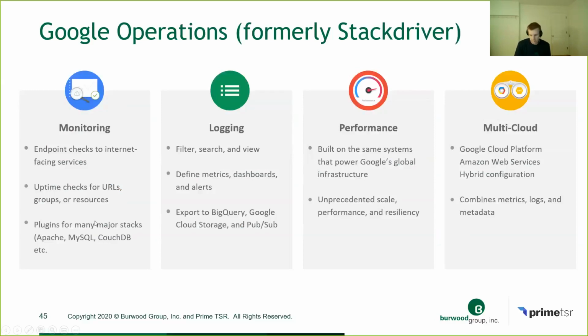I'll talk about plugging it into ServiceNow in a minute. Logging, getting all your right logs set up. You can actually define metrics and alerts around logs as well. It's another great practice. It does performance management, and it's multi-cloud as well. So if you happen to like Stackdriver or Google Operations so much, you could use it to manage your AWS environment as well.